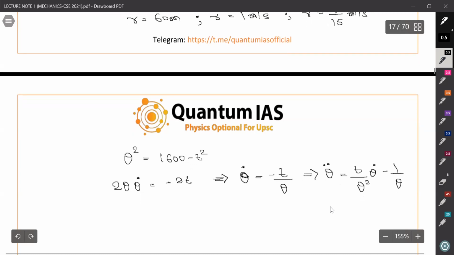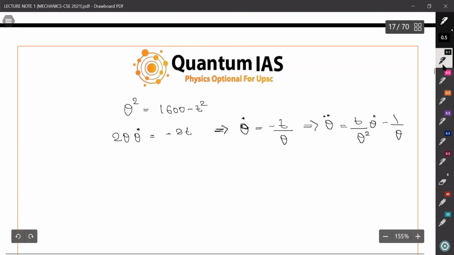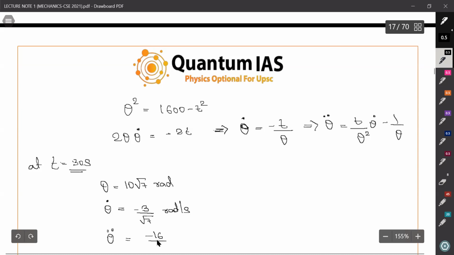Okay. So use a calculator to find these values. At t equals to 30 seconds, we need their values. So theta will be what? 10 root 7 radian. I already have these values with us. Theta dot equals to minus 3 by root 7. You can also cross check these values. Theta double dot is minus 16 by 70 root 7 radian per second square.